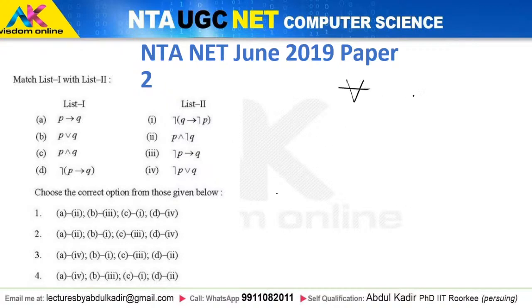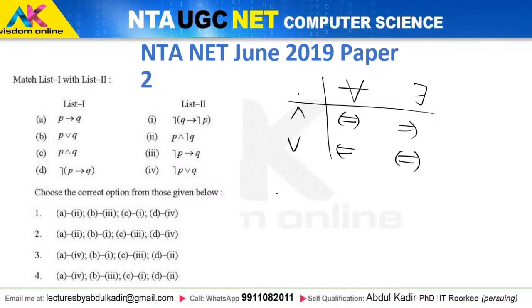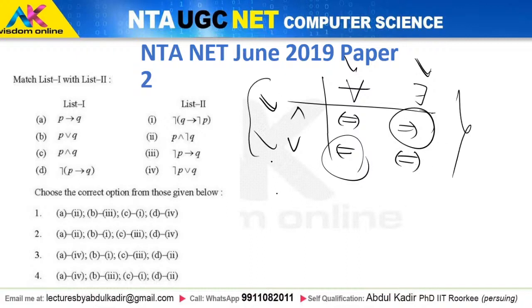The interpretation of this table is this only: the distribution law is not satisfied by or in the universal quantifier, and the distribution law is not satisfied by and in the there exists quantifier. Okay, Amandeep, did you get it? This table is representing what you are writing.